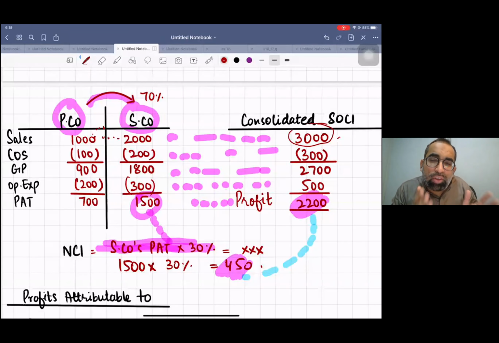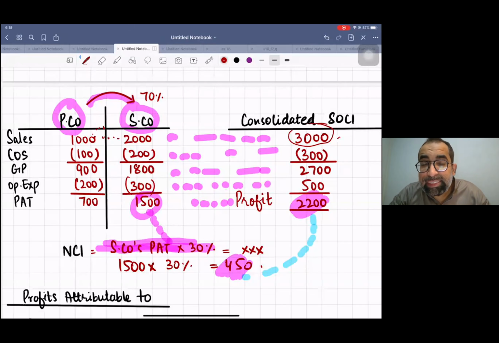If there is a problem with the operating expenses of the parent company, then automatically the same problem will be with the consolidated operating expenses. So if you make any mistake, or if you forgot to record anything in the parent company's income statement, that problem will be shifted to the consolidated income statement, and you need to adjust that in the consolidated income statement.